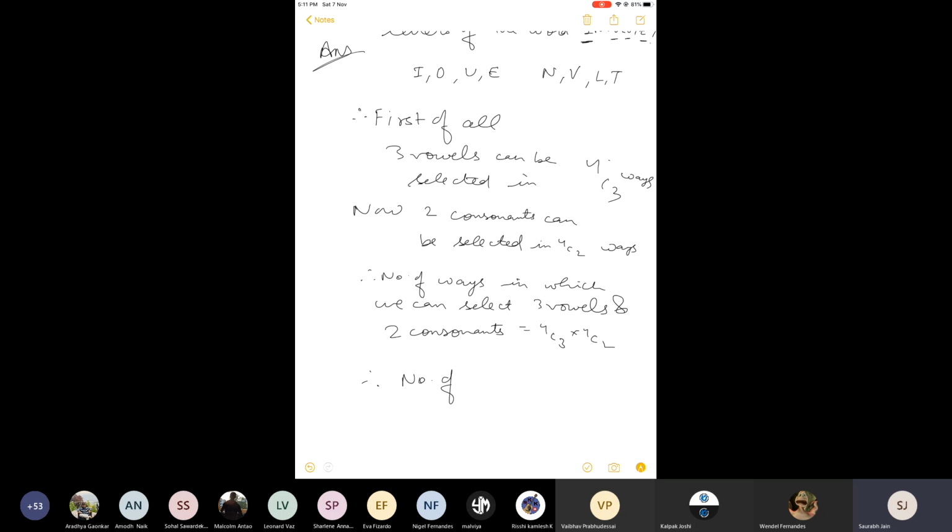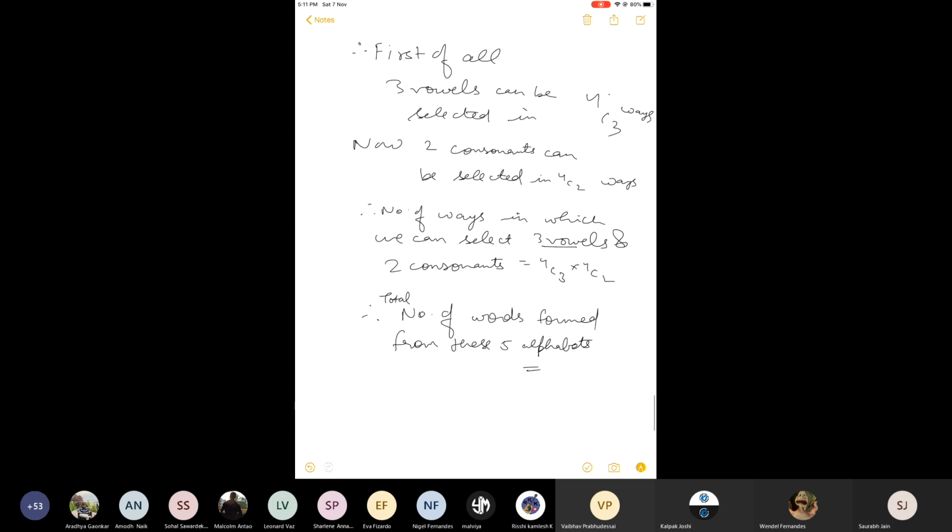Therefore, the total number of words formed from these five alphabets. Because basically you have selected five alphabets, three vowels and two consonants. So the total number of words formed from these five alphabets equals how much? Can you tell me? Anyone? That will be the last step of this answer.